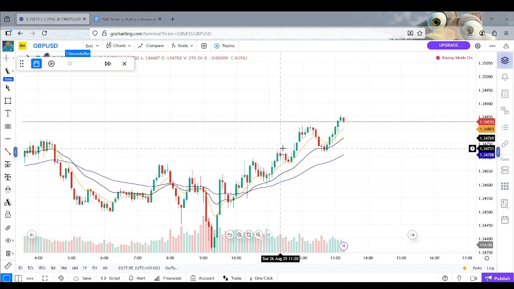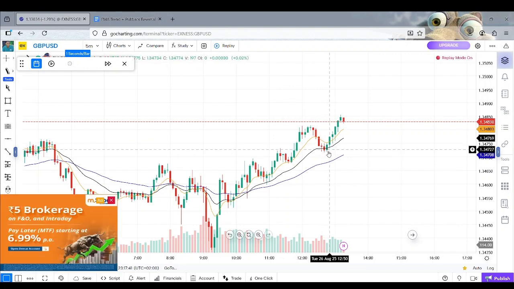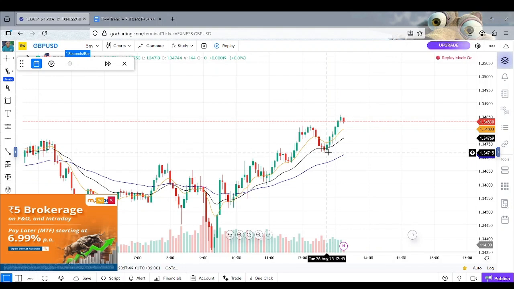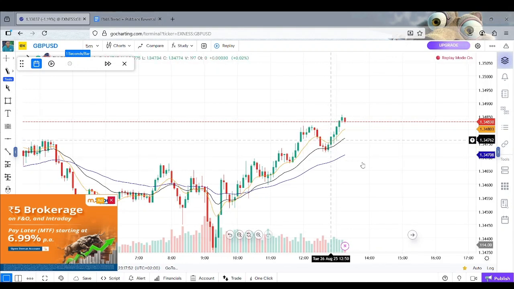We broke structure to pull back to the 21. So anything that comes after here, it's not much of an engulfing, but the next candle does tell you that okay, we're still going up.